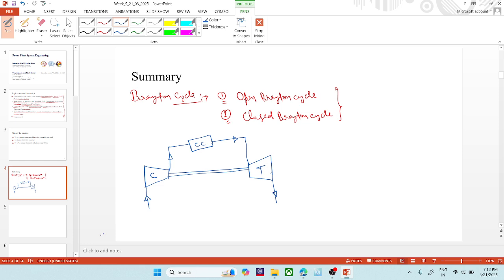Let me say this is point 1, this is point 2, this is point 3, and this is point 4. The air exits from point 4, and it has nothing to do with the air which is going to enter at point 1. So this is an open cycle, where in every cycle fresh air enters the compressor. Let me name it the open Brayton cycle.